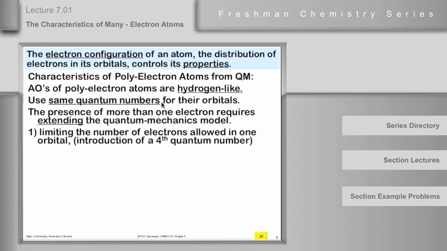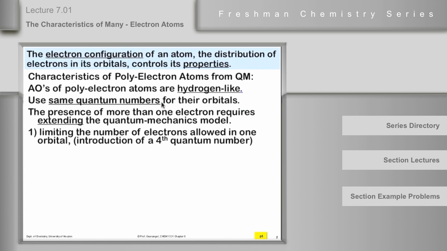The first thing that was recognized was that there is a principle that comes out of quantum mechanics that says if you look at a polyelectron atom, and let's say it's a boron atom, it's got 5 electrons, no 2 electrons in the atom can have the same set of 4 quantum numbers.